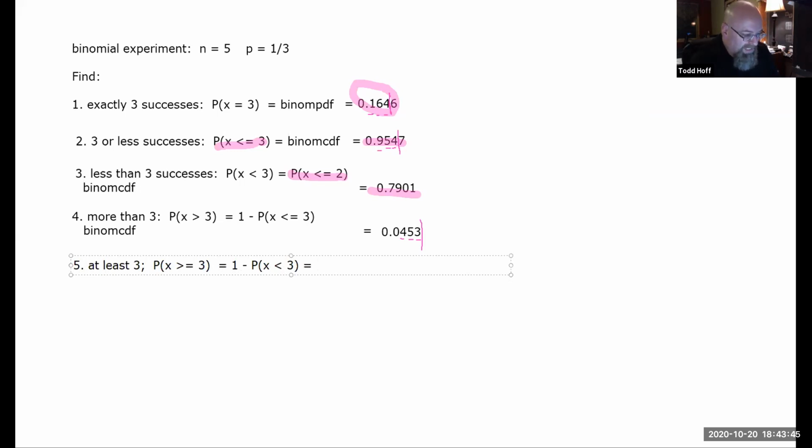Well, we need to have this in terms of less than or equal to. So we convert that strictly less than 3 to being less than or equal to 2. So it's 1 minus the probability that x is less than or equal to 2. So again, it's a binomial CDF. We're just adjusting for that probability that it's only 2 this time.